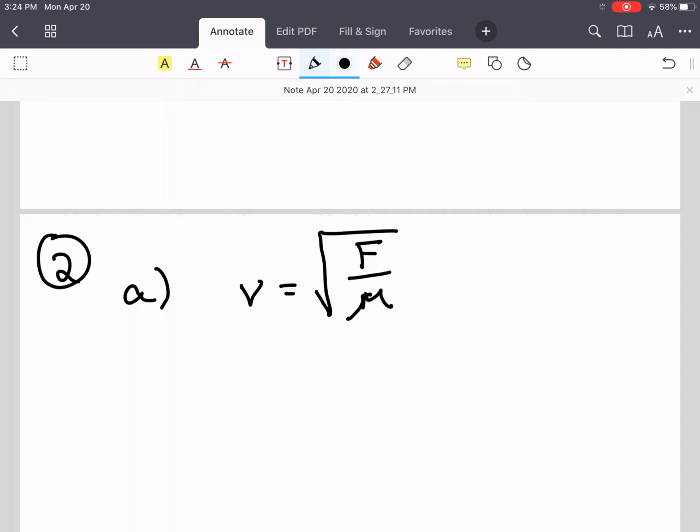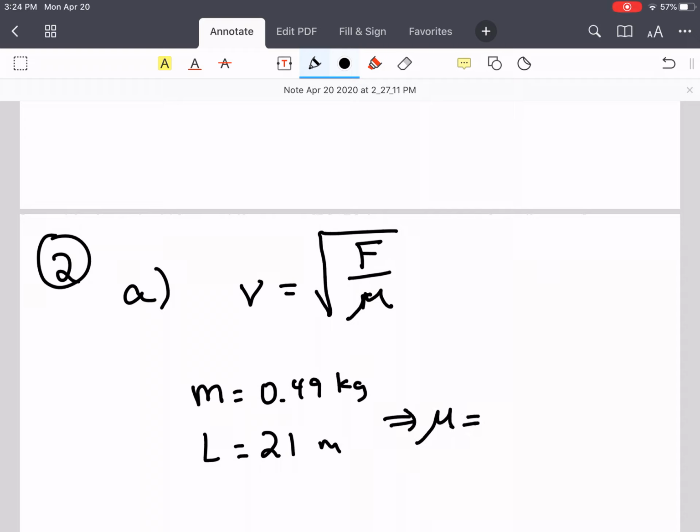All right, so what are we given in this problem? We are given that the mass of the string is equal to 0.49 kilograms. The length of the string is 21 meters, and therefore we can solve the mass per unit length mu is simply m divided by L, or 0.49 kilograms over 21 meters.